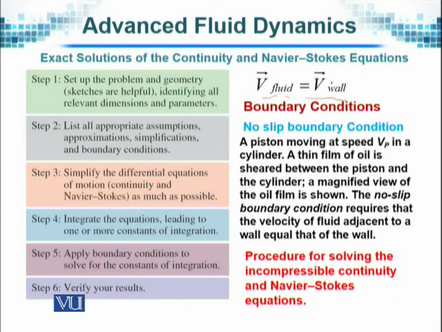At the boundary, the water cannot flow because the wall of the canal in which the water is flowing is stationary, standing still. So the velocity of the water that is touching the wall of the canal will have zero velocity. That is the boundary condition. If the wall is not moving, the fluid should not move either.